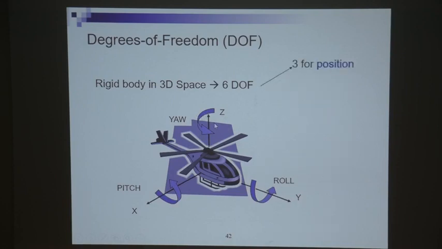So a rigid body in 3-space has 6 degrees of freedom because 3 are for position and 3 are for orientation. For this band itself, you have X, Y, Z to indicate the center of the band, that's the position. And then you have another 3 coordinates to represent the orientation, which is typically the normal to the plane of the object.